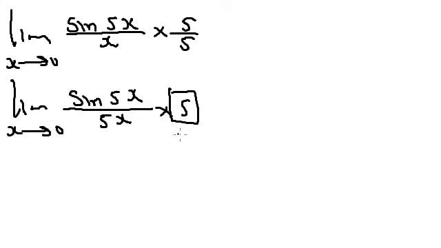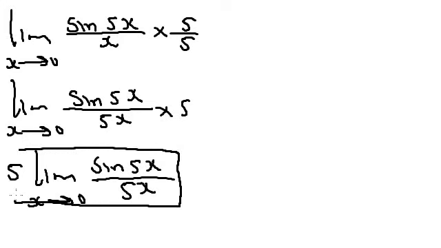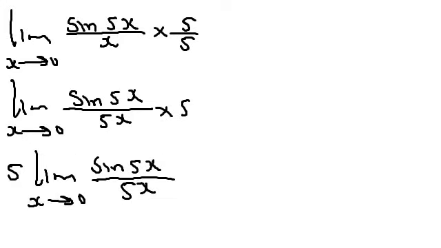Since this 5 is a constant, we can bring it to the front of the limit symbol and now have 5 multiplied by the limit as x approaches 0 of sine 5x all divided by 5x. Since this entire expression is equal to 1, the final answer is 5 times 1, which is indeed equal to 5. And that is the solution to example 2.